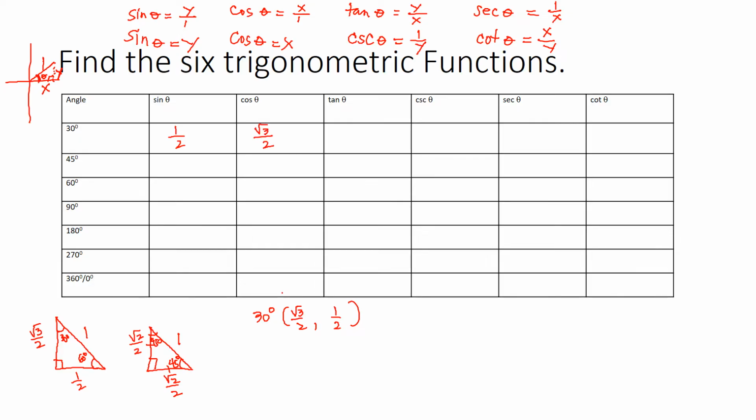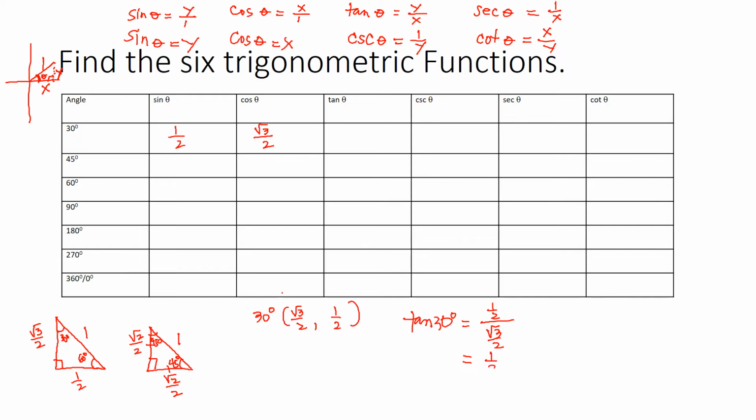Next, our tangent theta is only gonna be y over x. Tangent theta here, or tangent 30 degrees, that will be equal to our y, which is 1/2, over our x, which is square root of 3 over 2. Since this is fraction divided by fraction, we need to simplify that one.